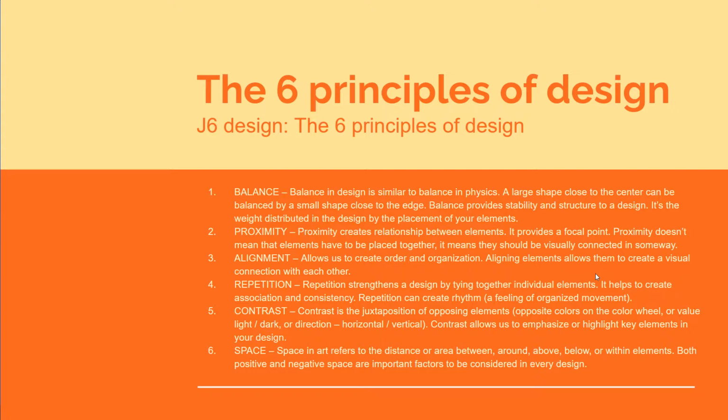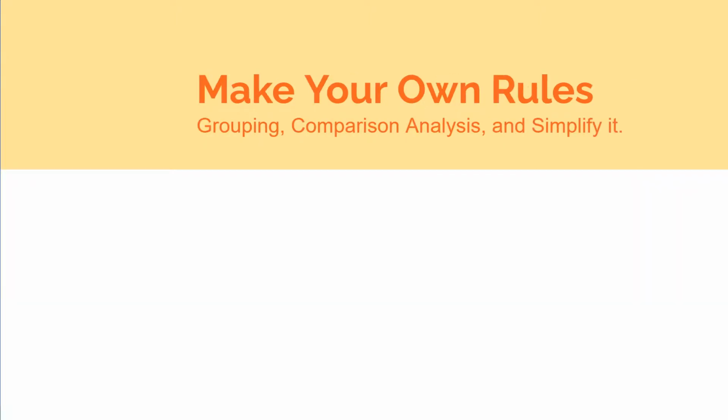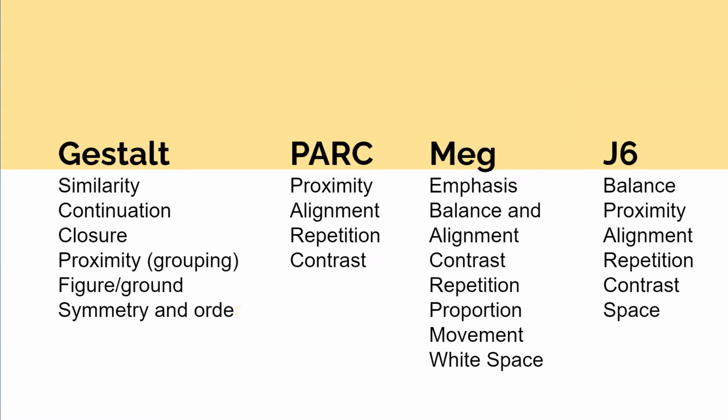They have 6 principles of Gestalt Design. And then now, how are we going to make our own rules, right? So we group them together, compare, analyze, and simplify. So right now I put all together: Gestalt, Robin Williams, Mac, and J6.